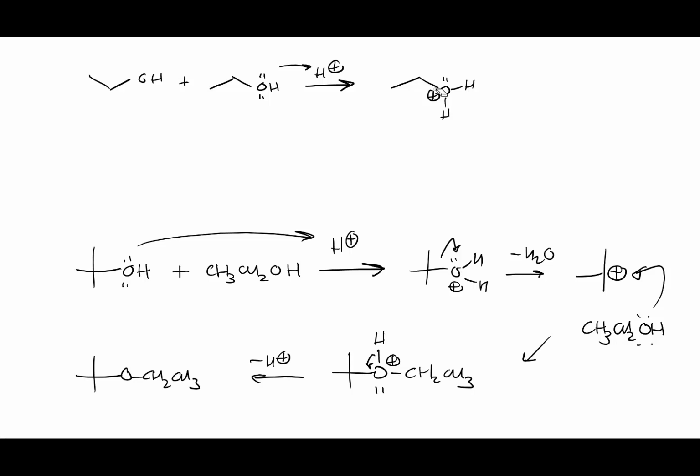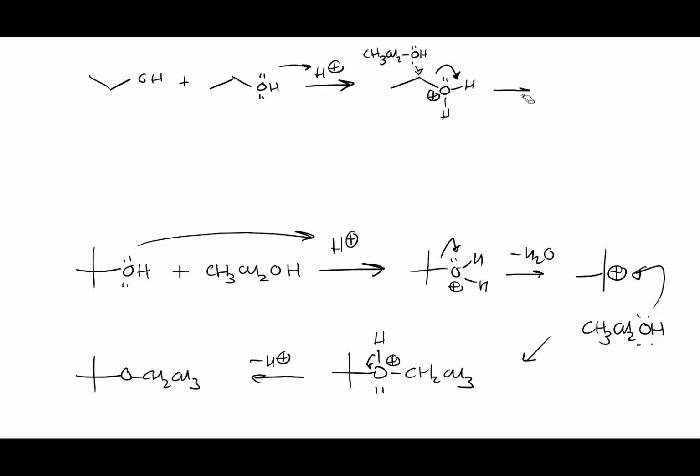So what's going to happen is that my other ethanol molecule is going to act as the nucleophile, and it's going to come in and attack the carbon and kick off the water molecule. So this mechanism is going to be SN2.